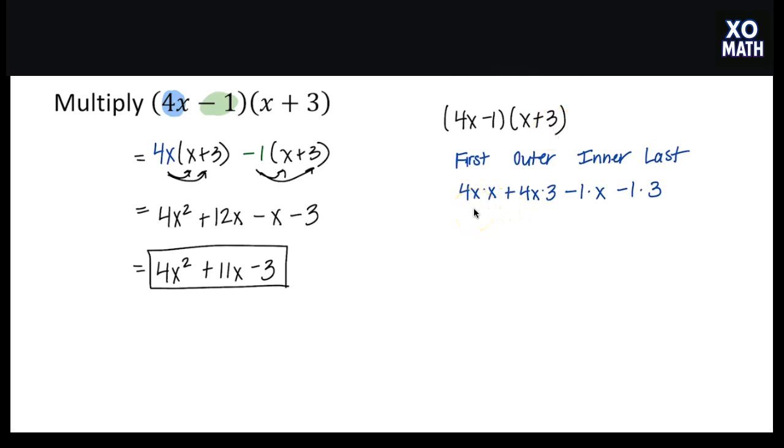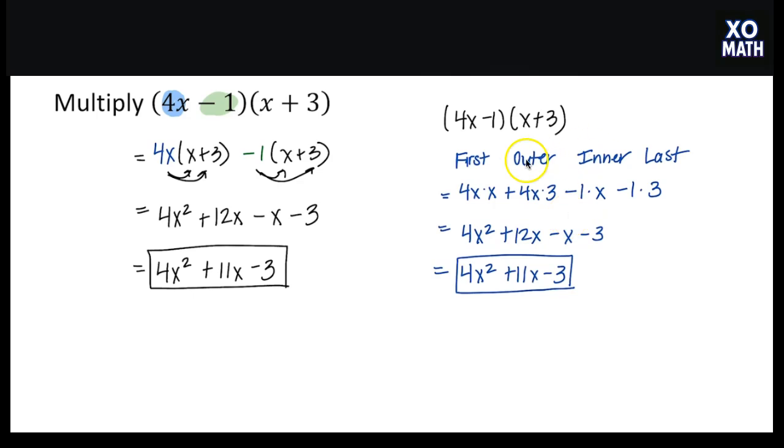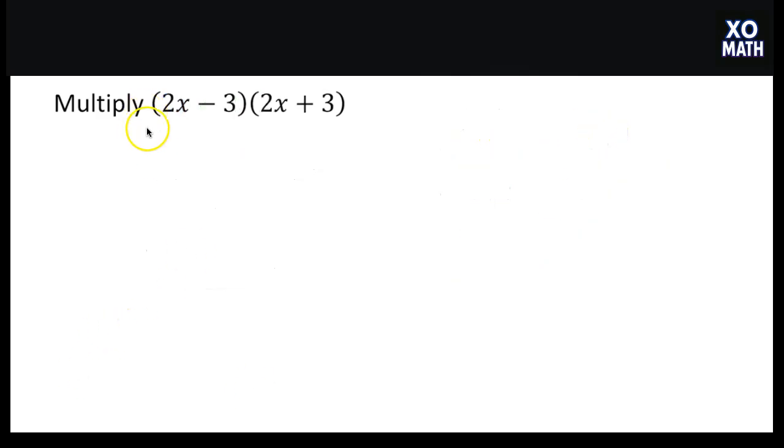So what that leads us to as a final answer is 4x squared plus 12x minus x minus 3, or the same result as before, 4x squared plus 11x minus 3. It's important to note that if you're going to use this FOIL technique, it only applies to a binomial times a binomial. Let's go ahead and multiply the binomial 2x minus 3 times the binomial 2x plus 3.